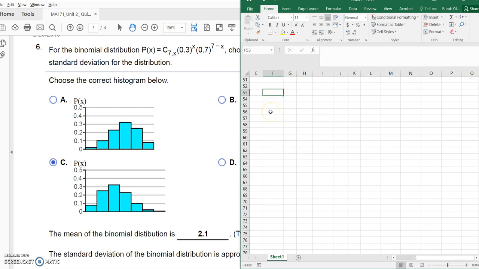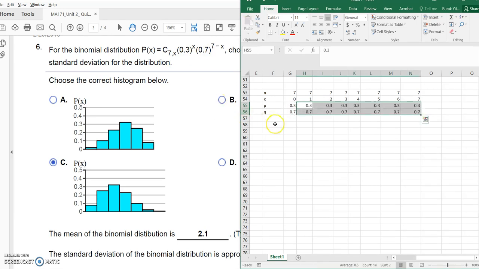So we have n, x, p, q. n is 7. x is going to be 0 through 7, so 1, 2, 3, 4, 5, 6, 7. n is always 7. p and q are the same. p is 0.3 and q is 0.7. We can figure that out from this formula. p and q never change, so copy those across.